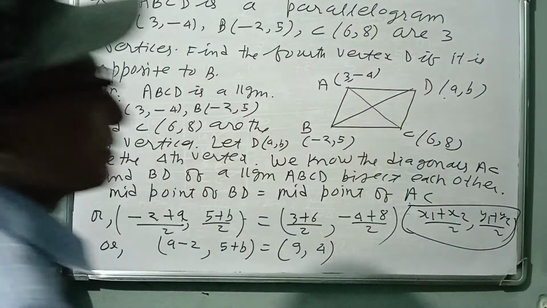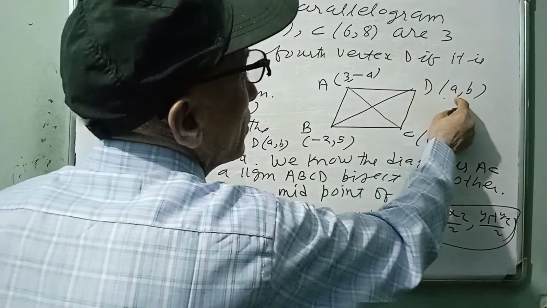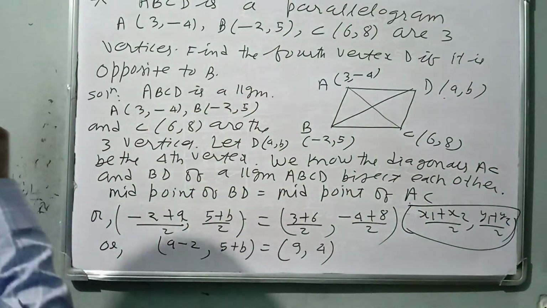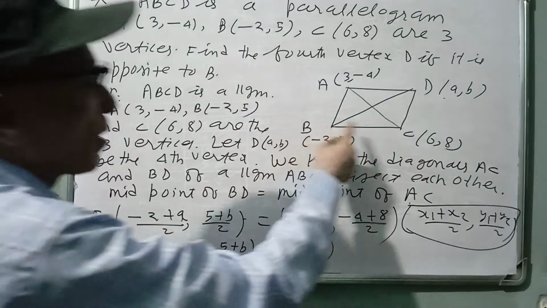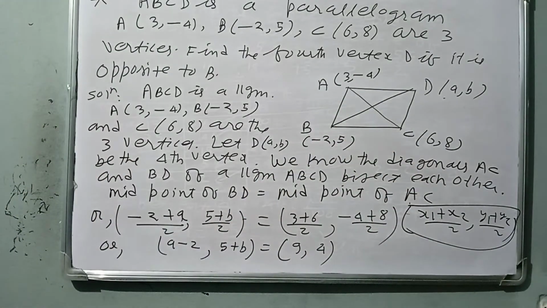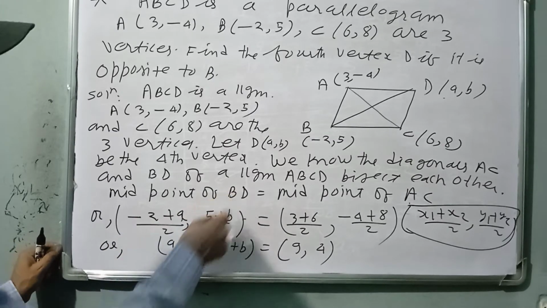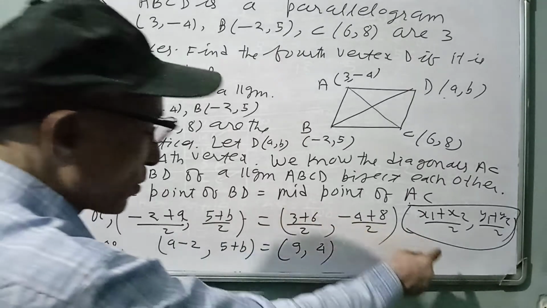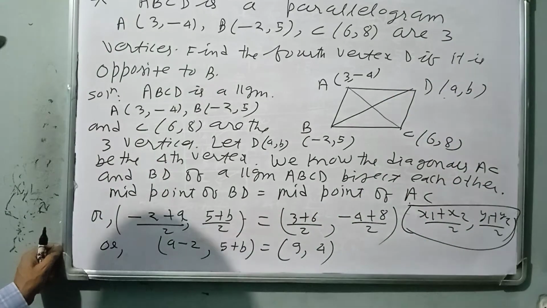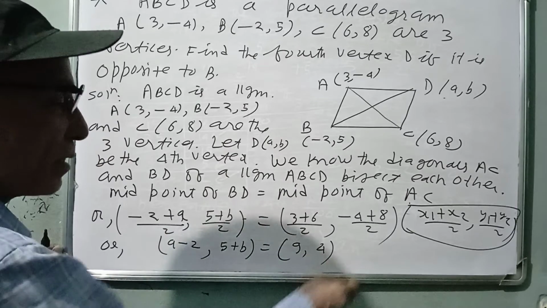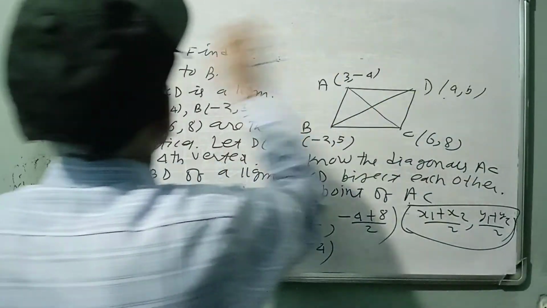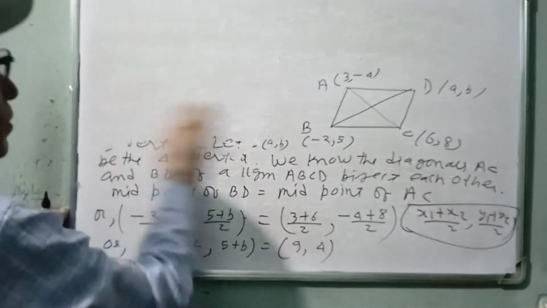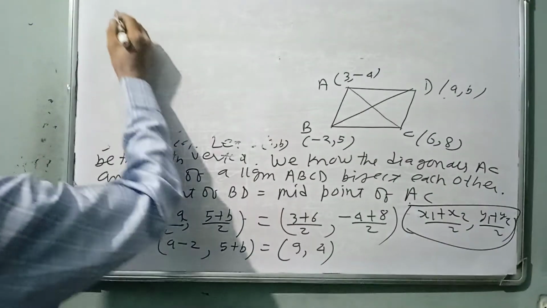We have to find D (a, b). Suppose the D vertex is (a, b). We know the midpoint of BD is equal to the midpoint of AC because the diagonals of a parallelogram bisect each other. Here also the same, the 2s cancel from all sides. Now equating like terms.